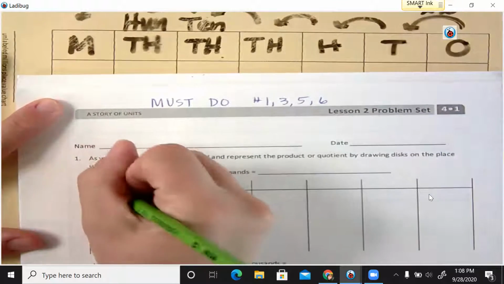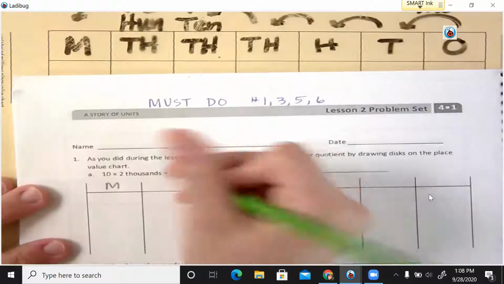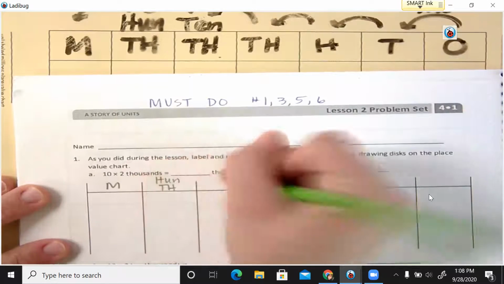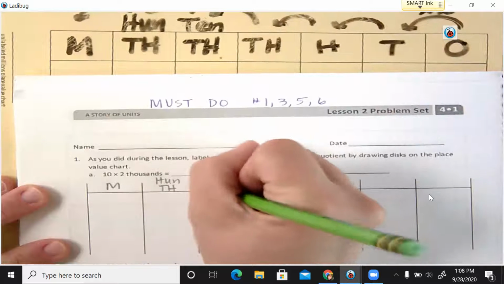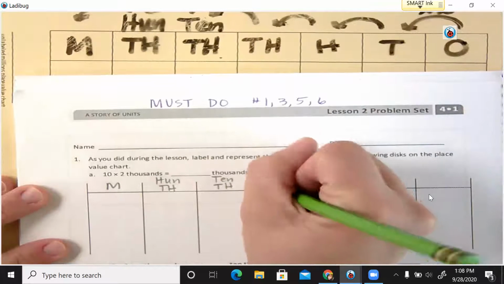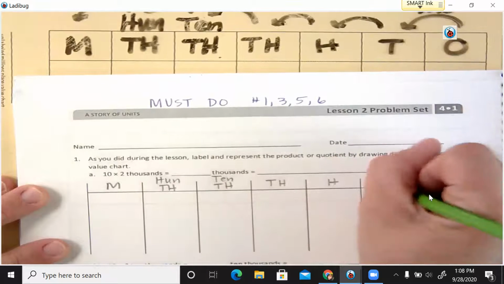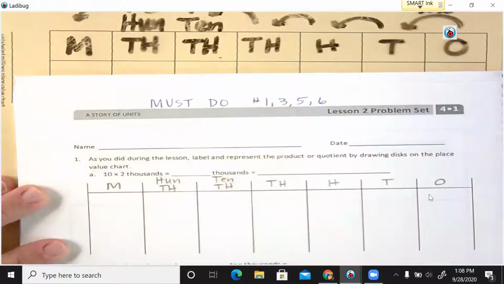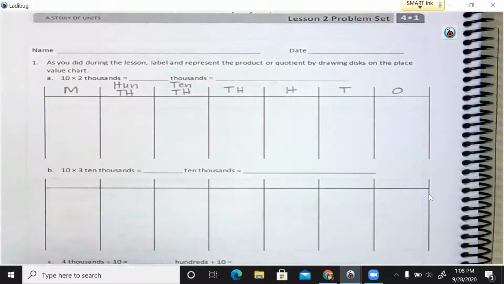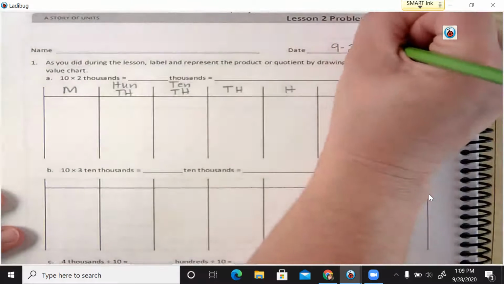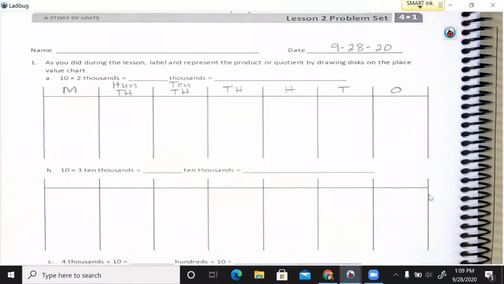So we'll start with millions, and then we'll go to hundred thousands, ten thousands, thousands, hundreds, tens, and ones. And if you haven't done so already, I would put the date up here. I like to keep all of my pages dated, just in case we ever have to go back and find something.